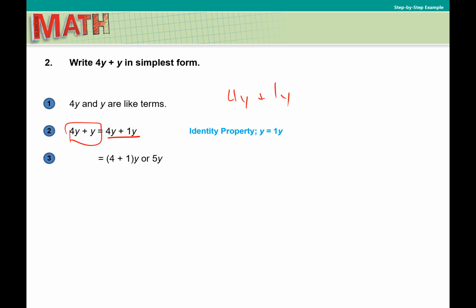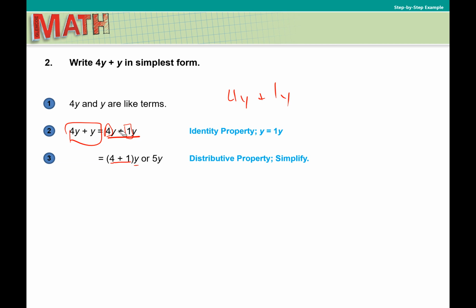And then we can use the distributive property to keep y as it's in itself, and then we know that we're going to add 4 plus 1, right? Add our coefficients there, and then multiply that by the variable.